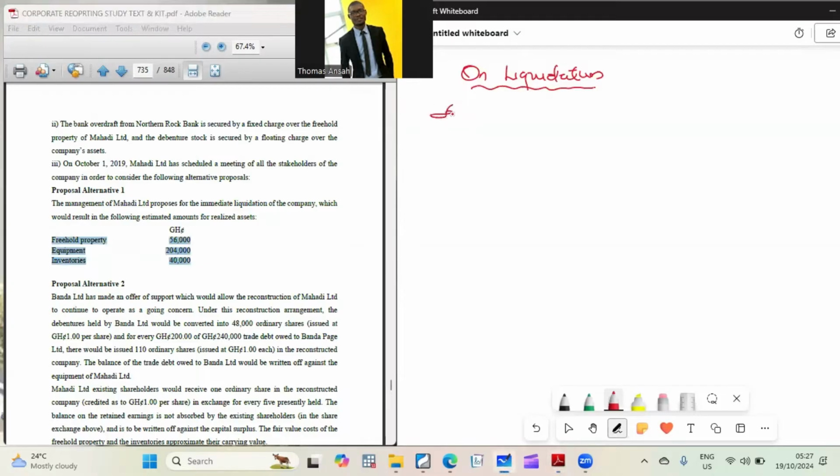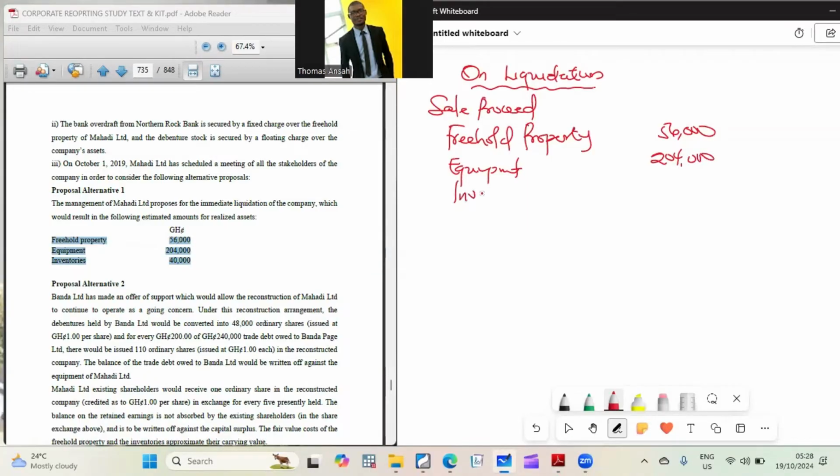So the sales proceeds, realization: you have your freehold property at 56,000, equipment 204, inventory 40,000. So how much will we have? 300,000.